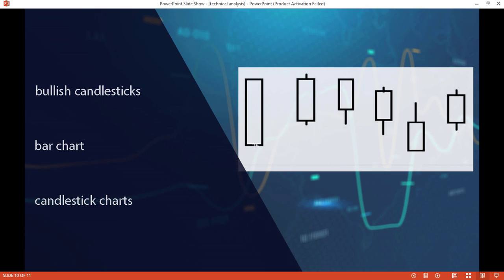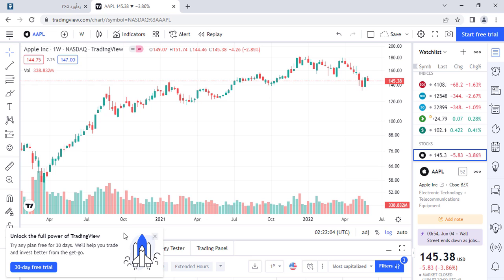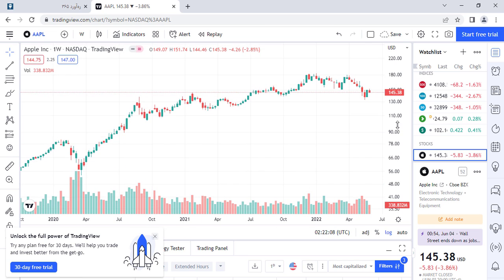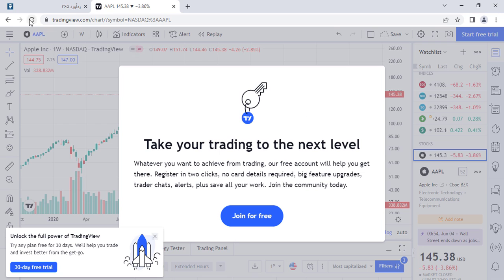In candlestick bars, in candles, we have different candle powers.